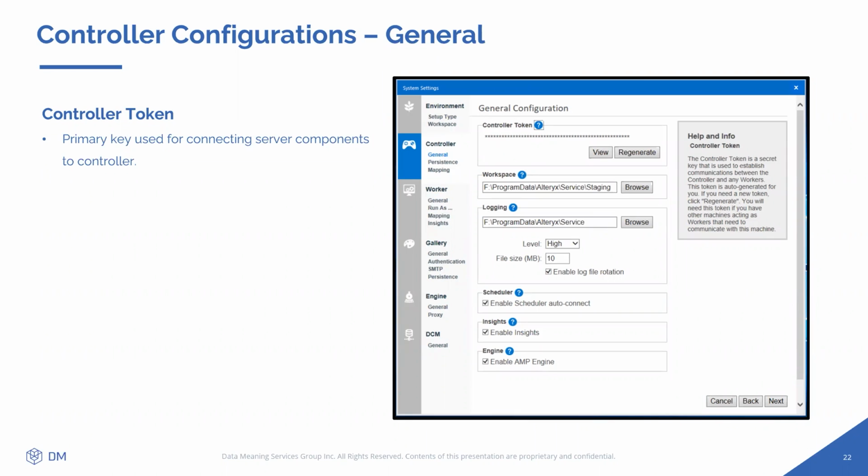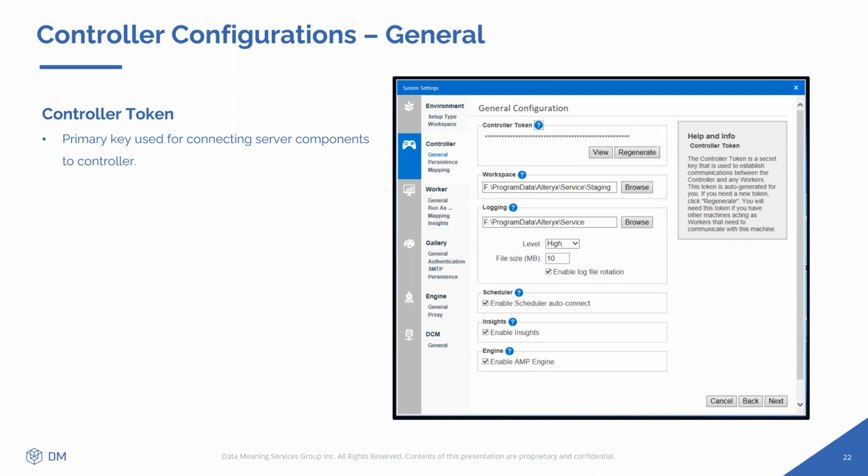This token is used to make machines connect to each other, so that way we can schedule workflows on a user side machine. If you want to schedule a workflow to run on your machine instead of on the server, then you need this token to connect them both. Also, in a multi-node environment, you need this token to connect the controller machine to the worker one.